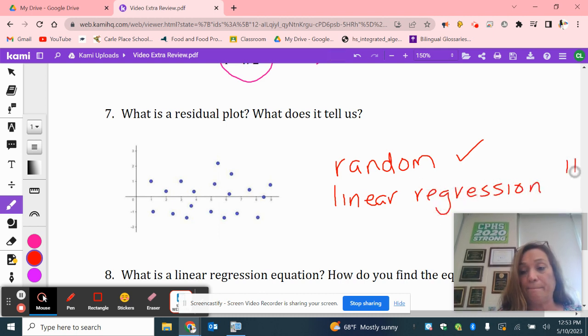Okay? So a residual plot shows you the distance a data point is away from the line of best fit. You analyze this and you're hoping that there is no pattern. If there is no pattern, then linear regression is the best regression for it.